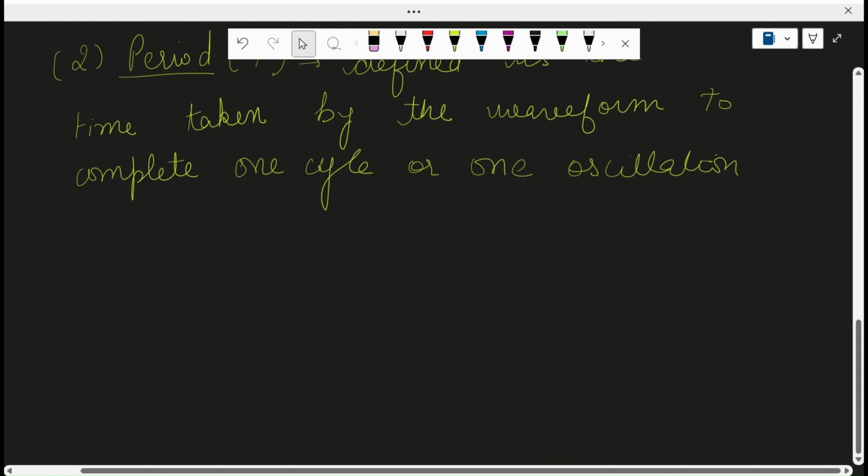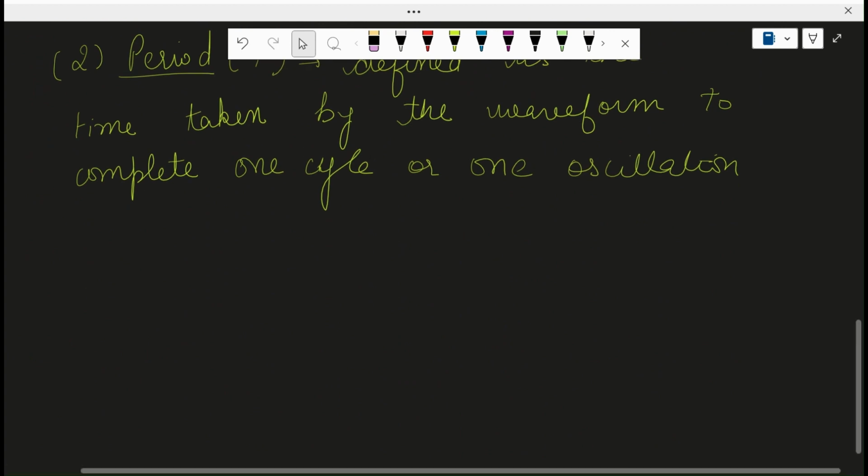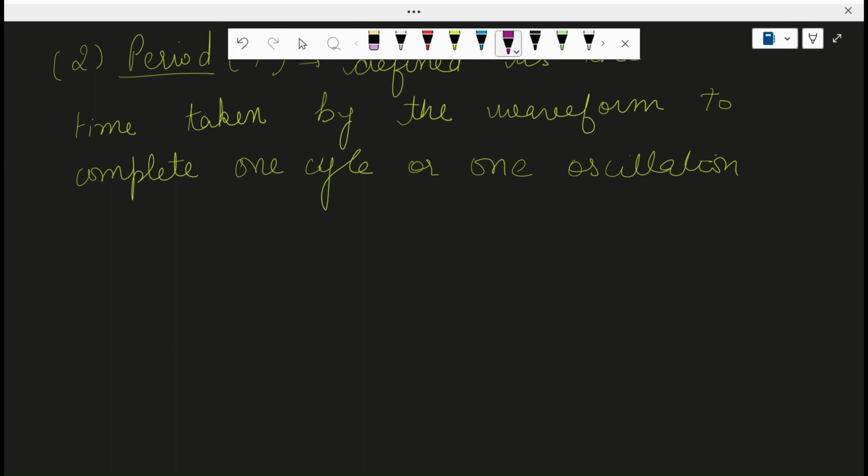So what is a cycle? One cycle is the path covered by the waveform until it repeats itself. So we can say that the time period is nothing but the time to complete one cycle.